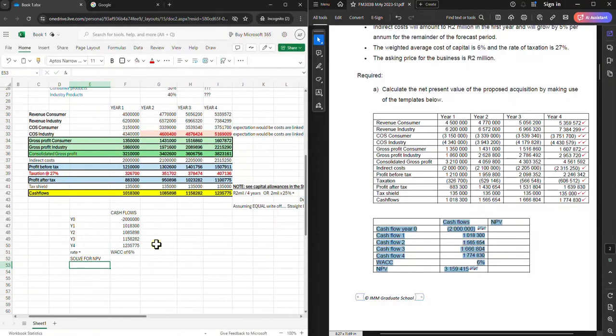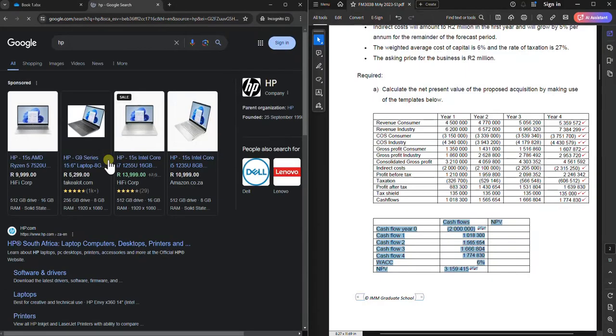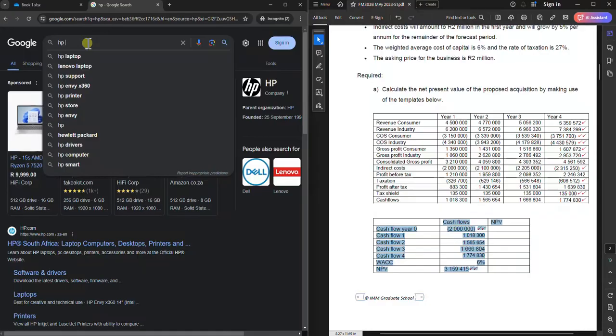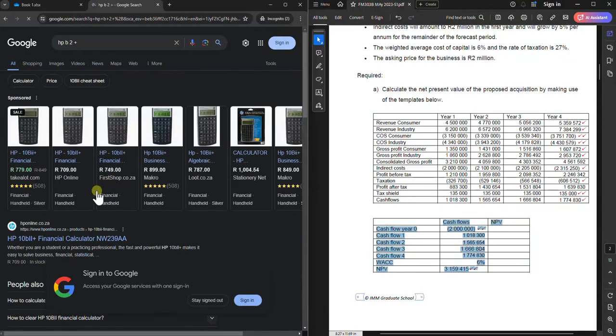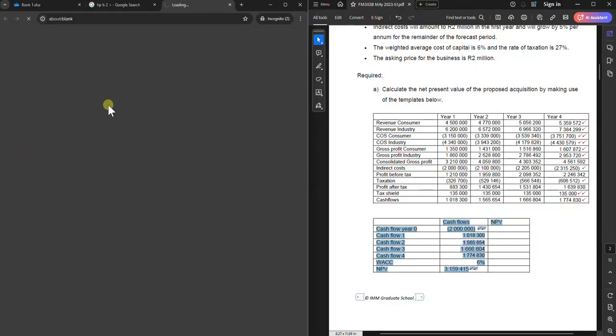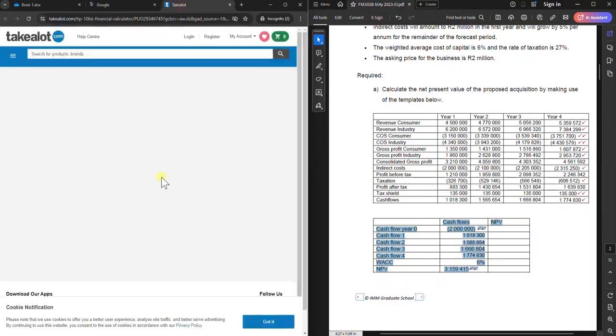Okay, so I just want to get a picture of this thing so I can tell you what buttons to press.